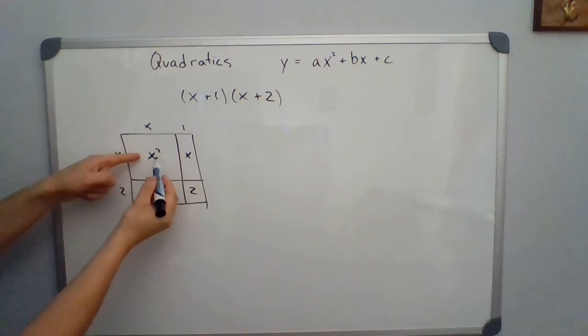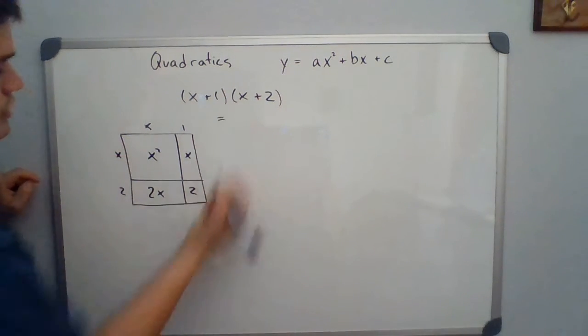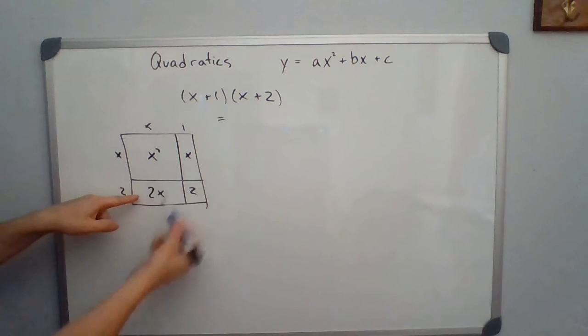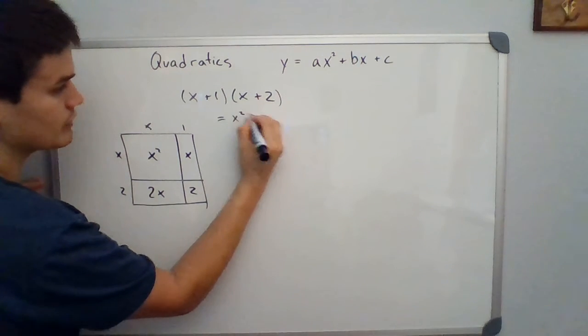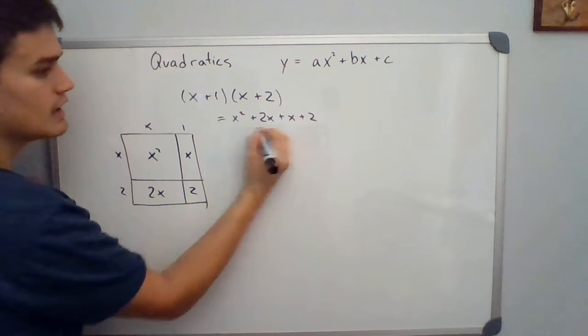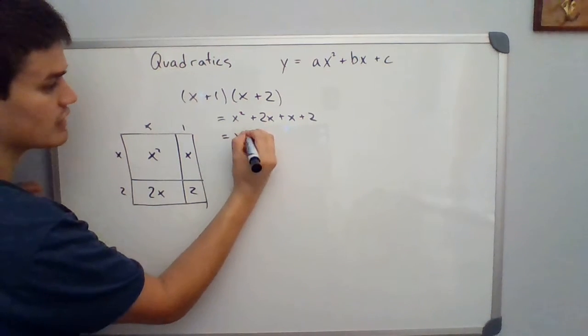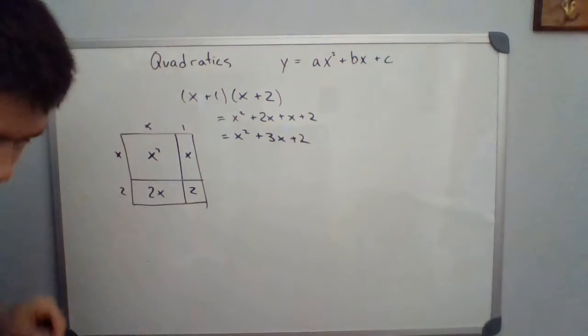In other words, x squared plus x plus 2x plus 2. Or I can combine these and see that 2x plus x is 3x. I'll just do both steps. x squared plus 2x plus x plus 2. And these two terms combine, so it's actually x squared plus 3x plus 2.